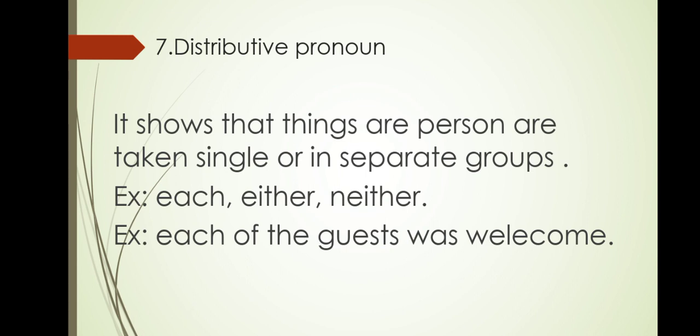Like either, neither, like that you can take it. Single means alone, or in separate groups. You can make it a single one or take it as groups. Examples: each, either, neither. Isn't it? Example: "Each of the guests was welcome." Understood?